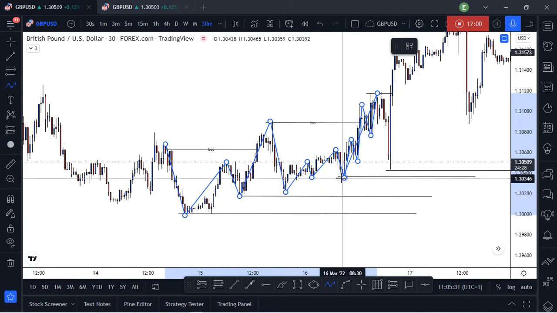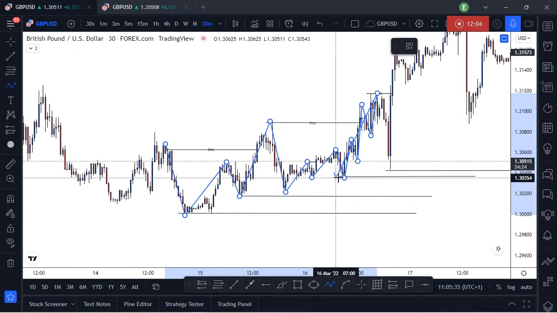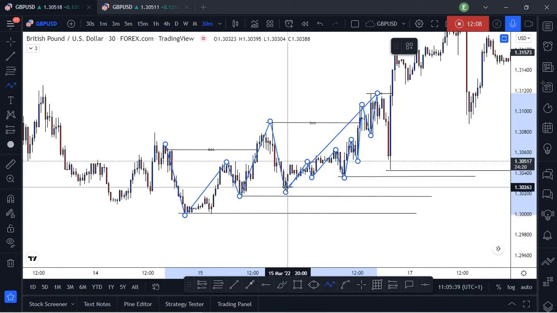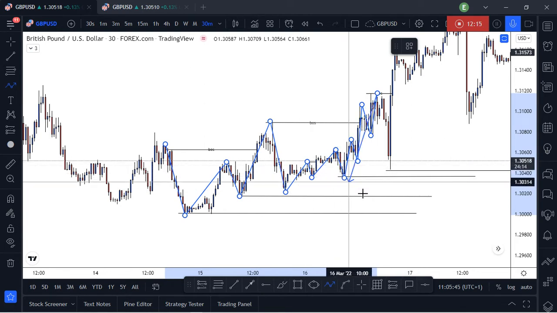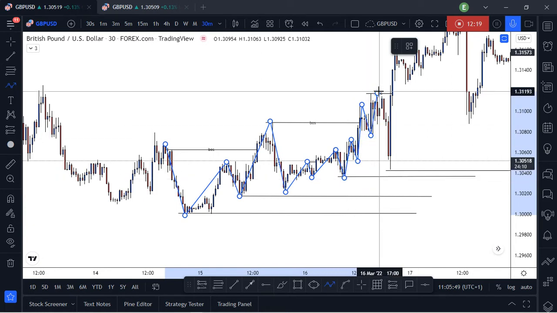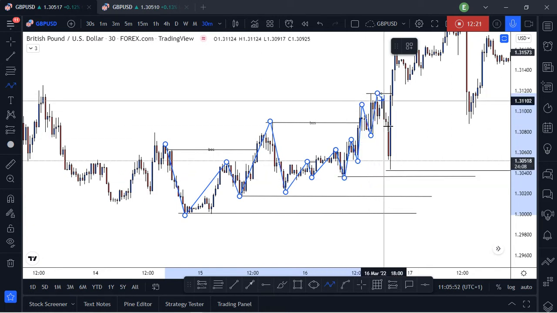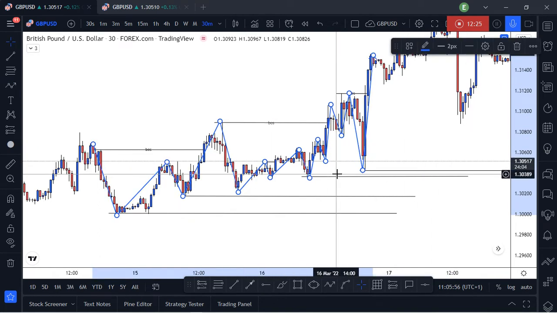So for me, this will be my low, because this is the only place where we have an unmitigated block. As you can see, we have mitigation in these two lows, but this low has another block that is yet to be mitigated. So this will be my new trading range, this high and this low. I want to see this high get broken or this low get broken, and as you can see, we got the high broken. So that is pretty much it.